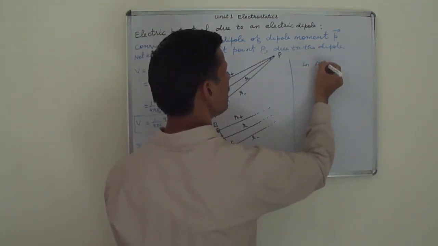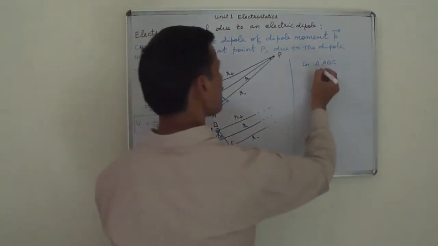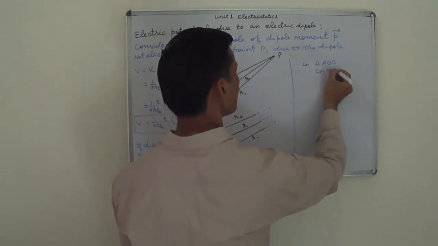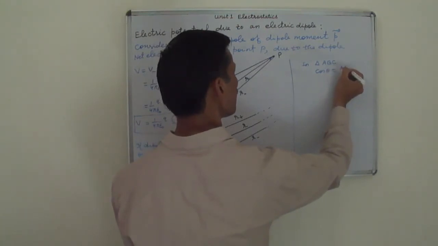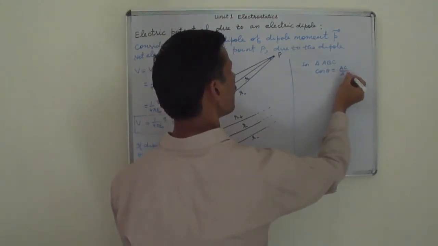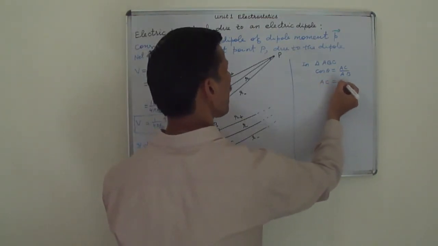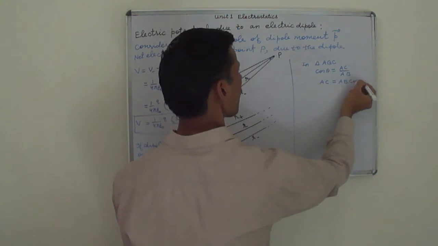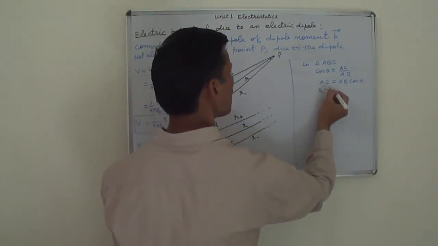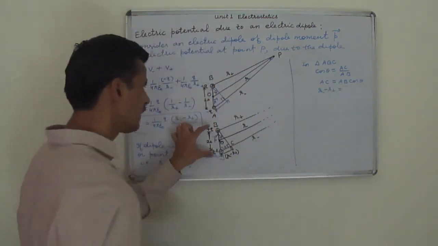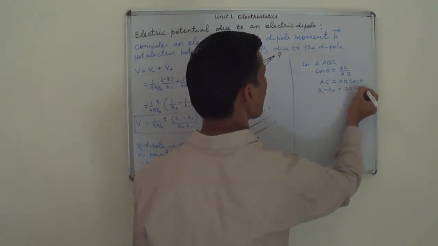In triangle ABC, cos theta is equal to AC upon AB. So AC is equal to AB cos theta, and AC is R minus minus R plus. AB is equal to 2a cos theta.